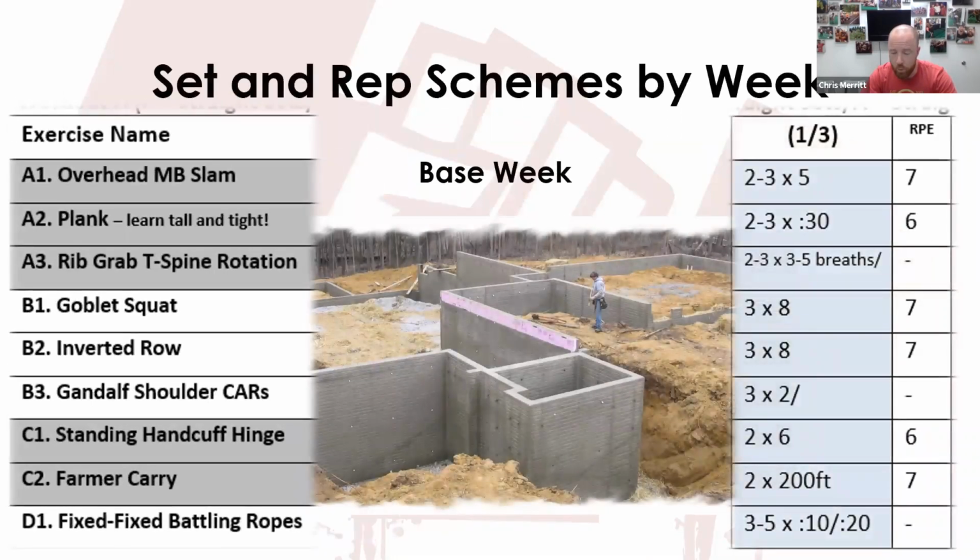So week 1, we call our base week, because the goal, whether this is their very first program ever, or it's a new program update, they haven't done this exact program yet. So they've just got to set a baseline. There's no writing on the sheet yet. They don't have numbers to work off of from what they did last week.